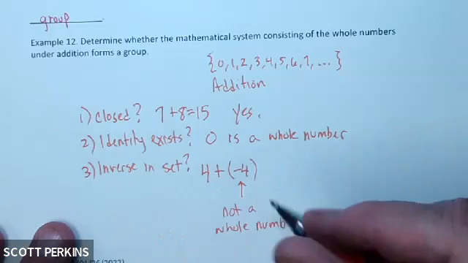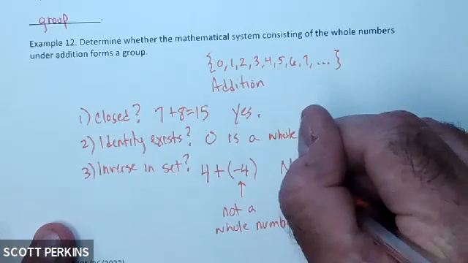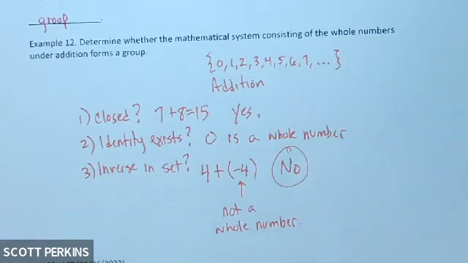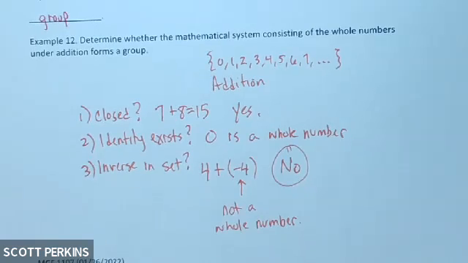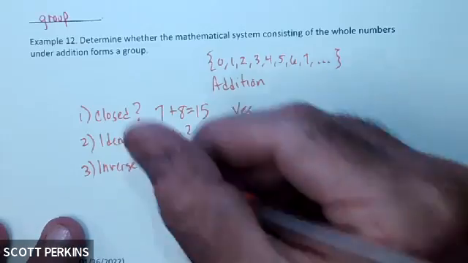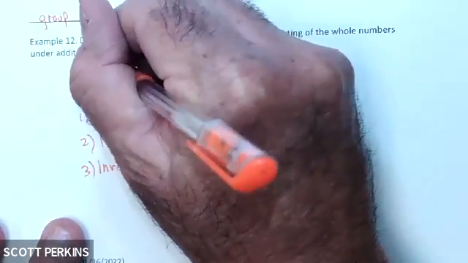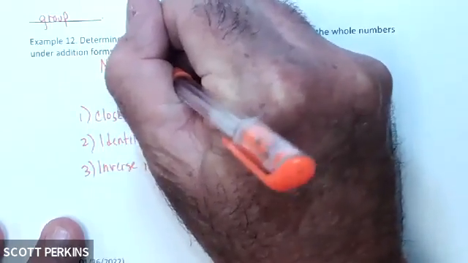So is the inverse in the set? The answer to that is no. I'm going to circle it because that is important. I don't even need to go any further. Are the whole numbers under addition a group? The answer is no, it's not a group. It failed step 3.